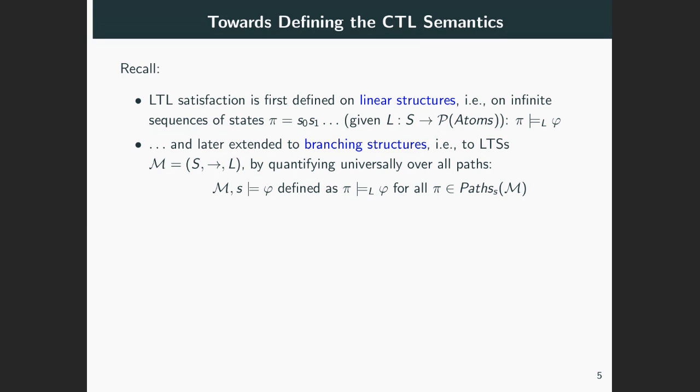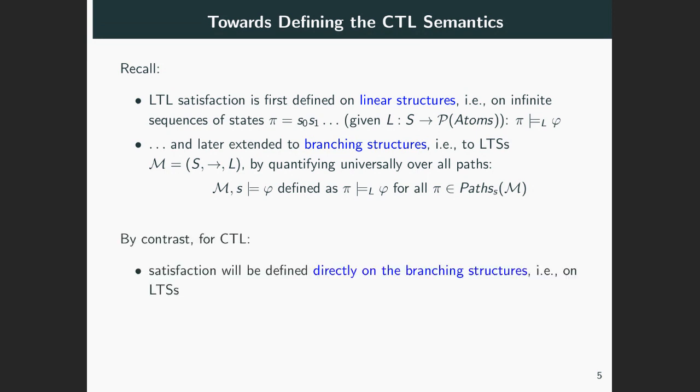So there's no branching between different futures that can be explicitly considered at given states. By contrast, in the case of CTL, we'll define the semantics of formulas by engaging directly with the branching structure, that is, with the realm of possible transitions from given states. Namely, we will define the semantics of CTL formulas directly on LTSs.